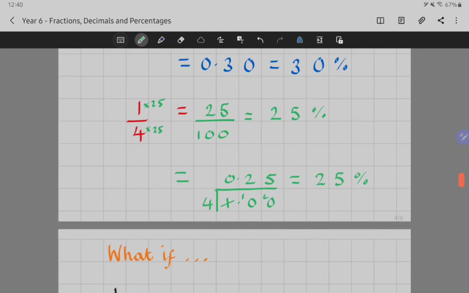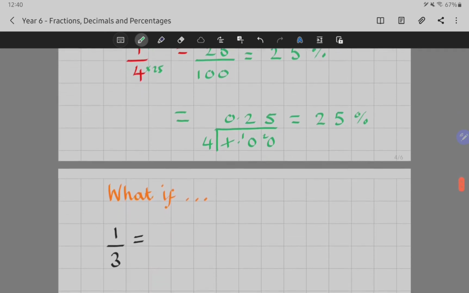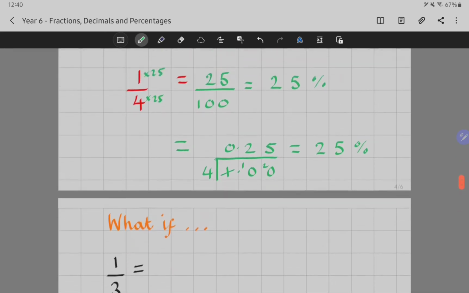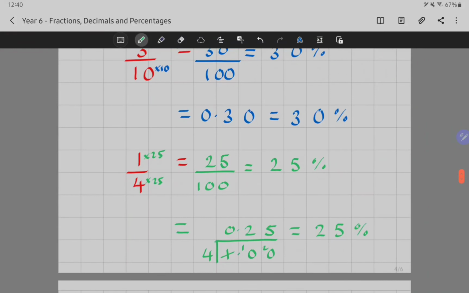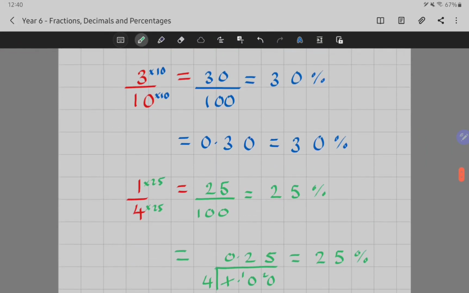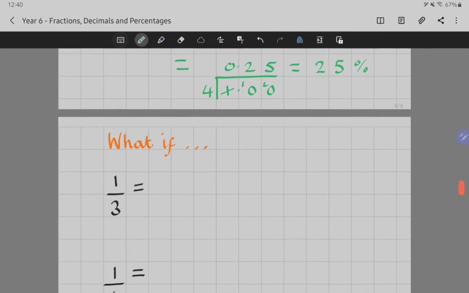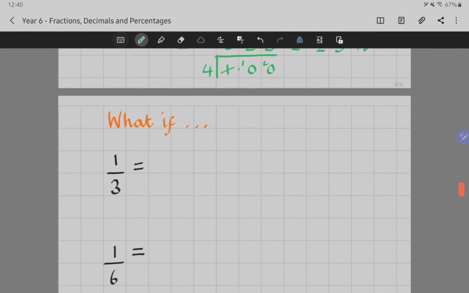But what if, now these ones we could work out, because we could do an equivalent fraction to 100. However, there are some fractions where we can't give an equivalent fraction to 100. So what are we going to do now? What do you think we could do?